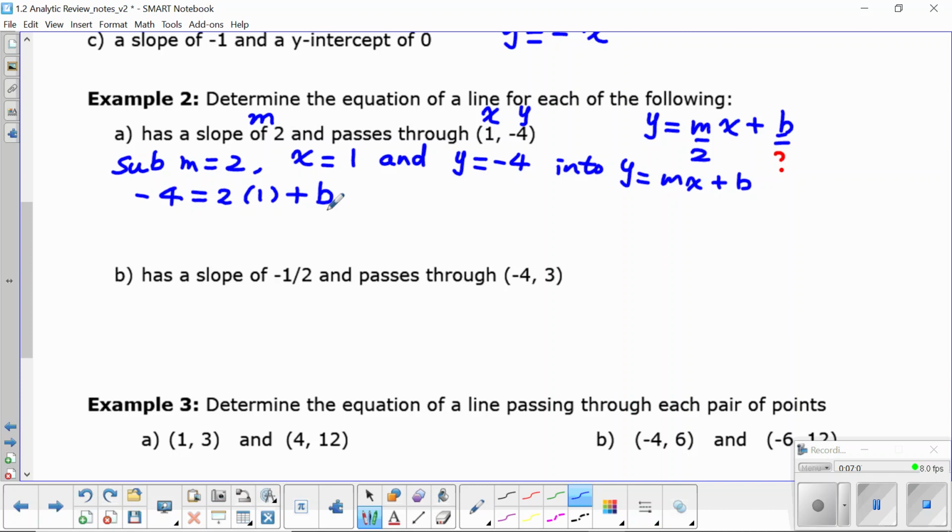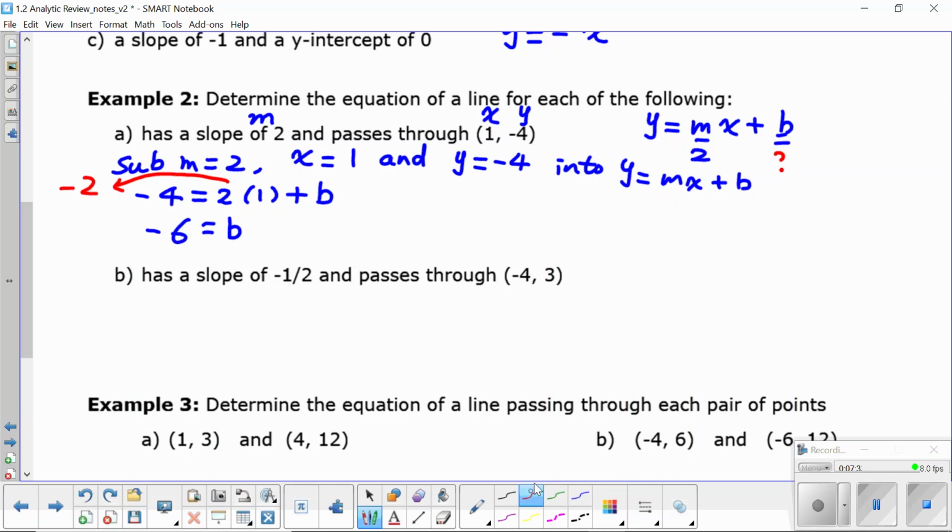So we want to isolate the b, we want to move the 2 times 1 to the other side. 2 times 1 is 2. We move the 2 to the other side. You will have the opposite operation, -2. Then b equals -2 minus 4, which gives you -6.